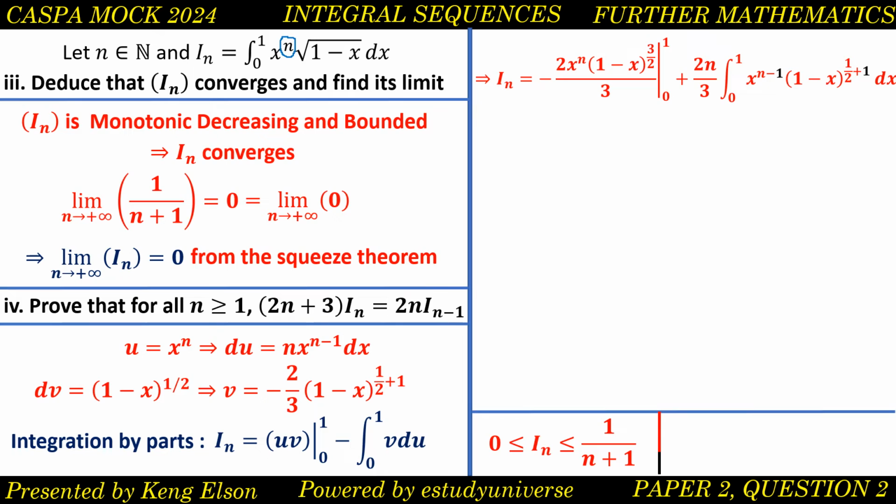Our u is x to the n. Now we need to multiply it with v, and our v is negative 2/3 times 1 minus x to the half plus 1. Half plus 1 is 3 divided by 2. So the negative sign is there, and then the 2/3 times 1 minus x to the 3 on 2 is there. We need to impute the limits of integration from 0 to 1.